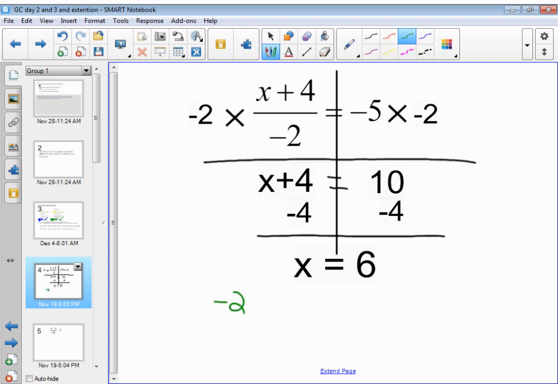So I have 6 plus 4 over negative 2 is equal to negative 5. If I solve my fraction, 6 plus 4 gives me positive 10, divided by negative 2 is equal to negative 5. Positive 10 divided by negative 2 equals negative 5, so our answers work.